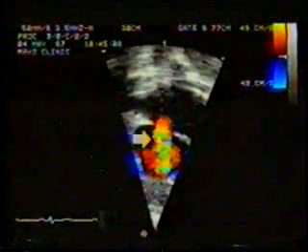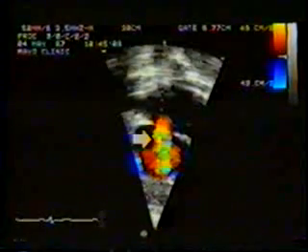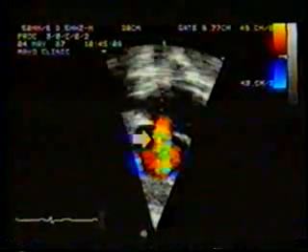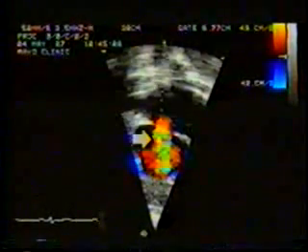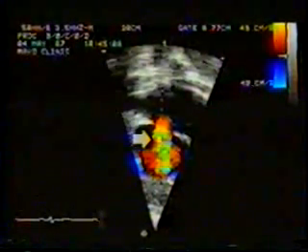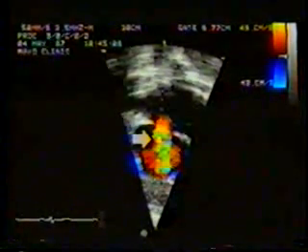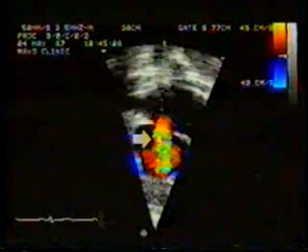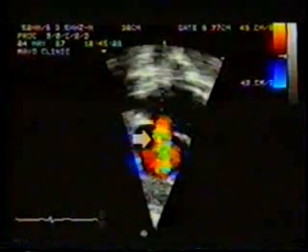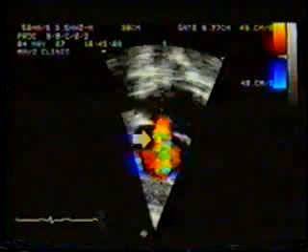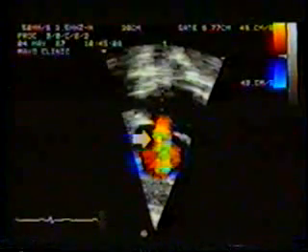Guided by the flow image, we have now placed a pulsed wave Doppler sample volume in the right atrium in the area of the maximum shunted flow. The arrow is pointing to the position of the sample volume. This will again demonstrate the characteristic spectral as well as the audio signals of the left-to-right shunt across the ASD.